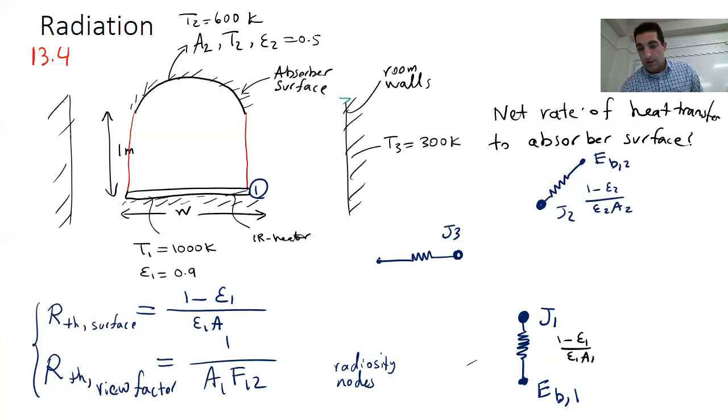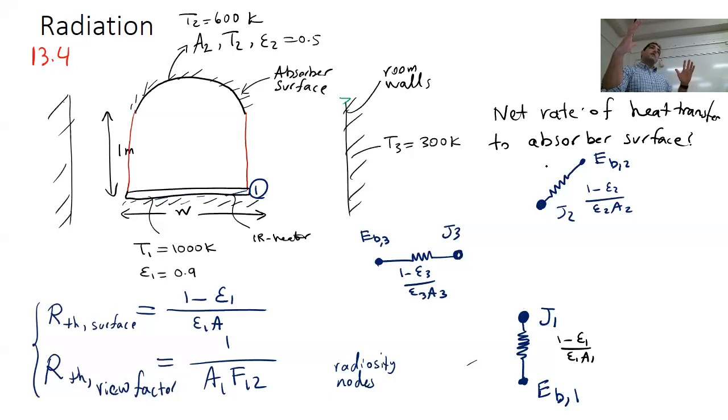Same thing for the other surface: EB3, and I have (1 minus epsilon 3) over A3. So each surface in your enclosure gets one surface thermal resistance. Okay? Now we're done with those surfaces.